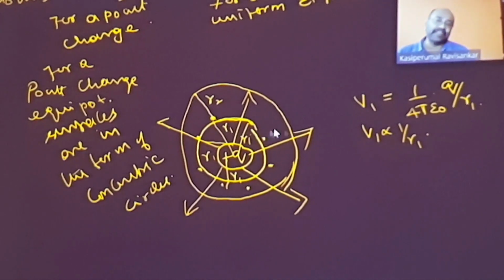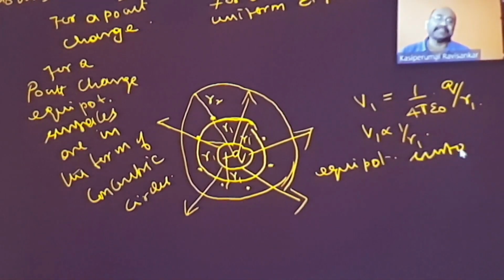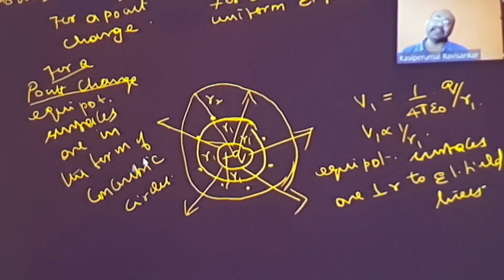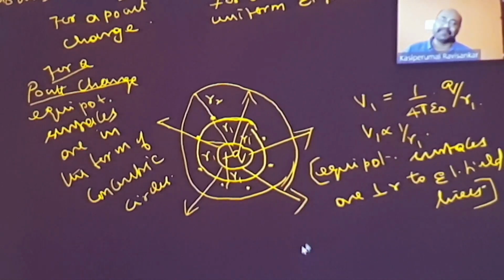From the diagram itself we can say the equipotential surfaces are perpendicular to electrical field lines. So for a point charge, equipotential surfaces are in the form of concentric circles, and also equipotential surfaces are perpendicular to the electrical field lines. This is the first case.